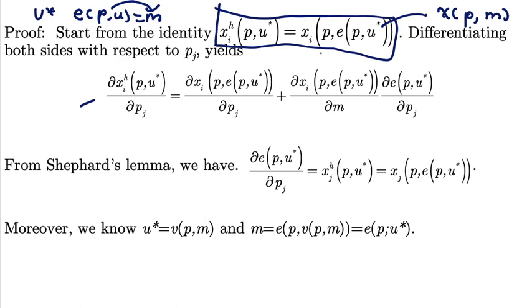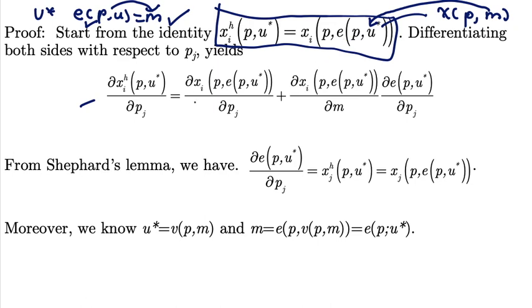Like I said just now, the right-hand side is the Marshallian demand function at the optimal level of utility, call it U star. Because it is at the optimal level of utility, the expenditure is equivalent to income, so I replace M with E here.